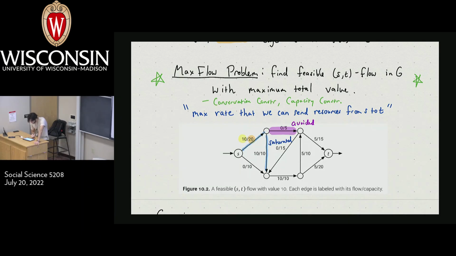Okay. And overall, if we just follow the flow, it's going to look like this. And in total, we're sending 10 units of flow from S, and we're also getting 5 plus 5, which is 10 units of flow into T. So the value of the flow overall is 10.